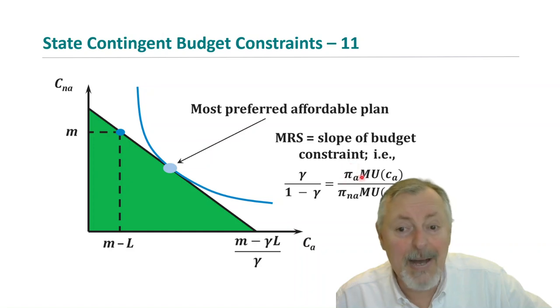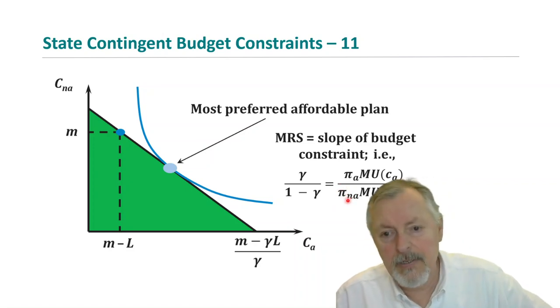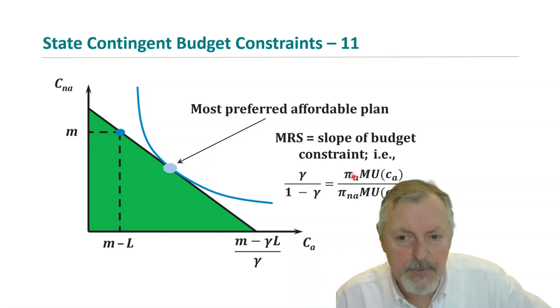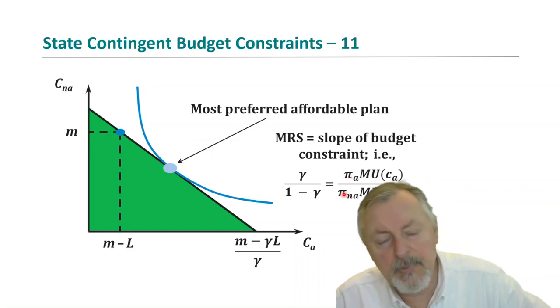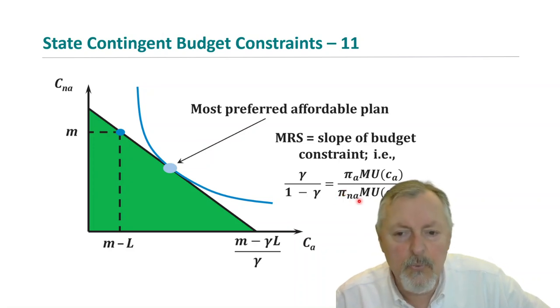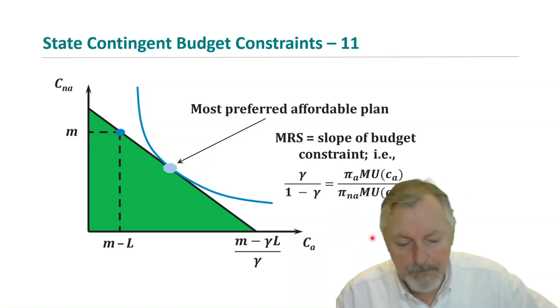You think there's a pi probability of this state of the world happening, and this other probability of this state of the world happening. This probability of an accident, this probability of not accident, which you could also rewrite as 1 minus pi a, because they have to add up to 1.